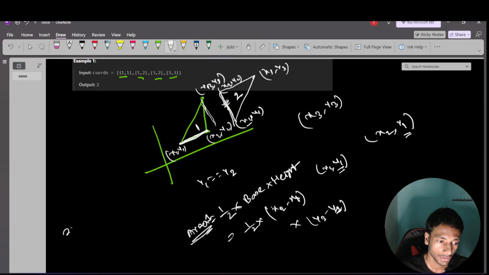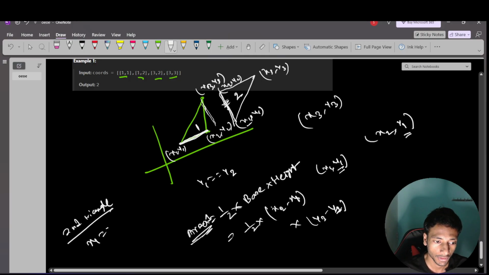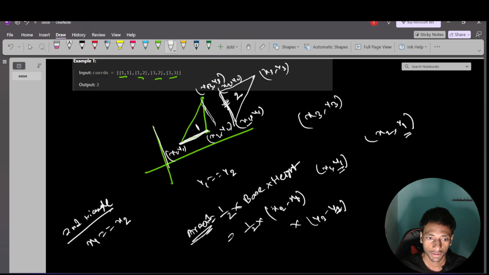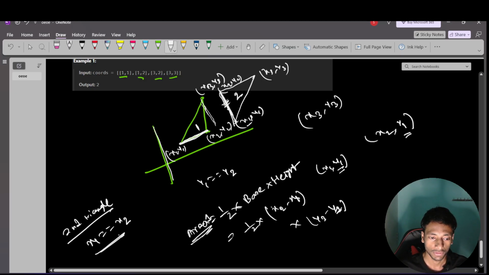So for this second triangle, the condition will be x1 is equal to x2. Clear? Why? Because this is parallel to y-axis, so this line will be straight, and the x points of both will be the same.